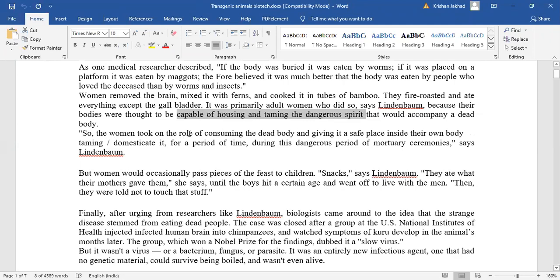So the woman took the role of consuming the dead body and giving it a safe place inside their own body. So for a period of time during this dangerous period of mortuary ceremonies, this kind of ritual was a ceremony in which they consumed the dead ones of their family or relatives.